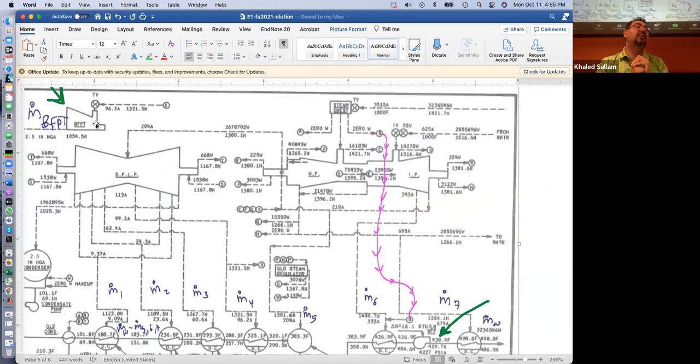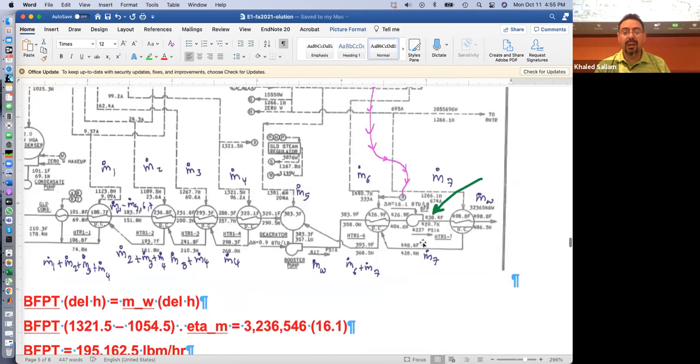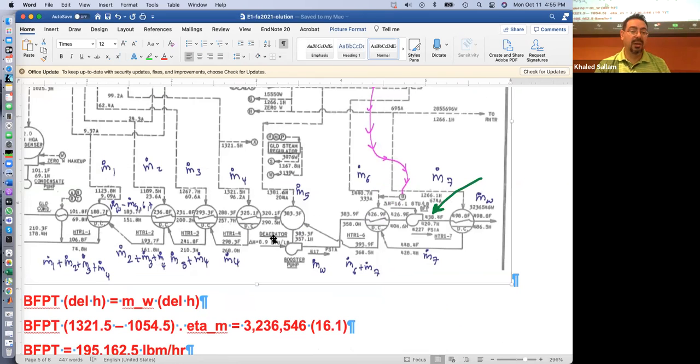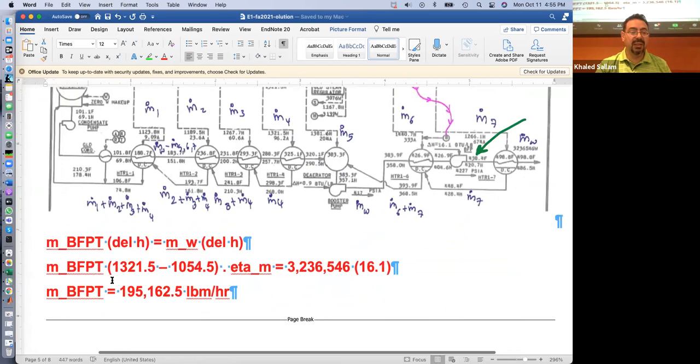And he's asking about this m dot. So how do we get that? What's the solution, guys? Work of the turbine, work of the boiler feed pump turbine. Work turbine equals work pump, right? So you would say this.